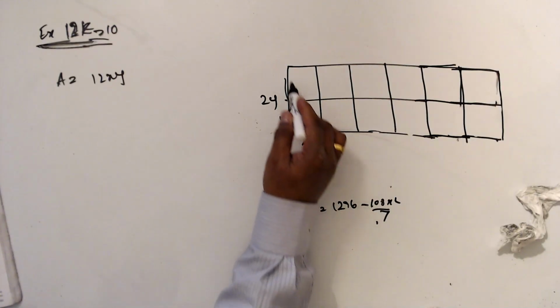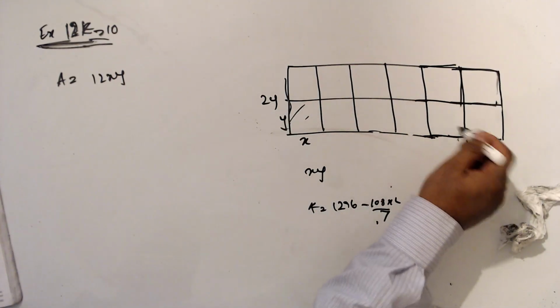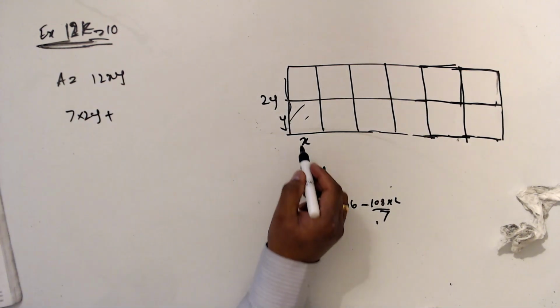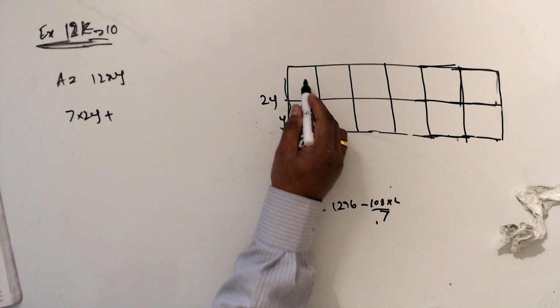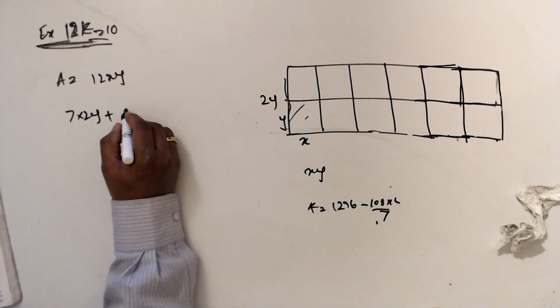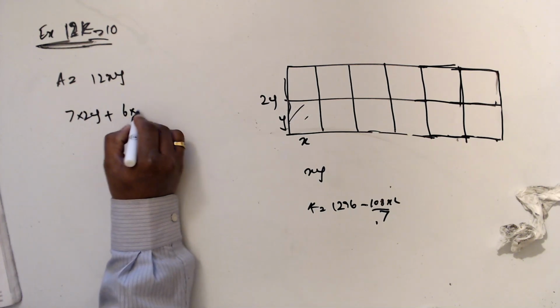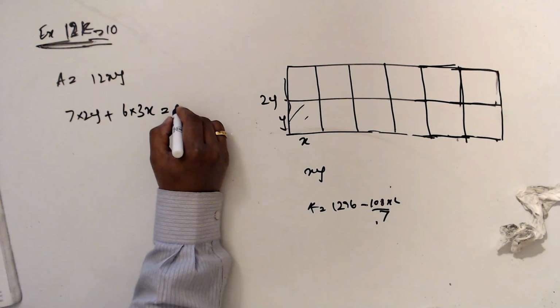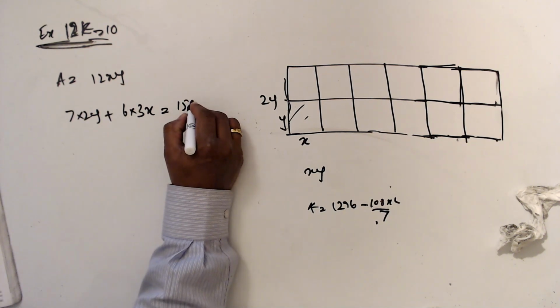How many 2y's? 1, 2, 3, 4, 5, 6, 7. 7 2y's plus how many x's? 1, 2, 3, and 3x, 6 times. 6 times 3x equals 1512.